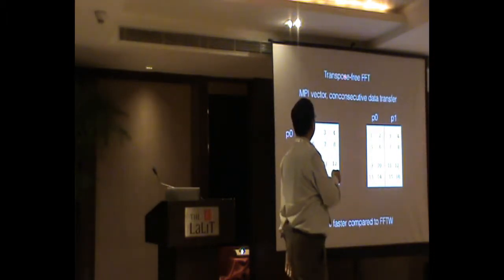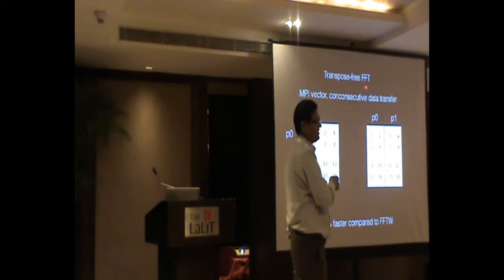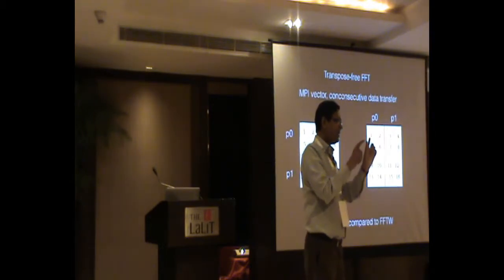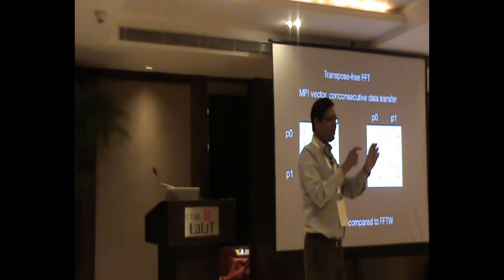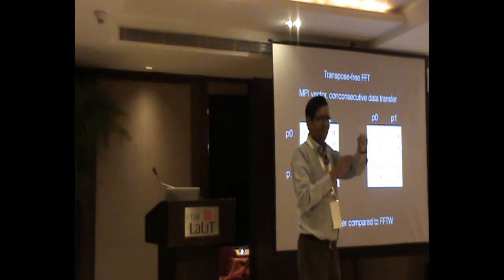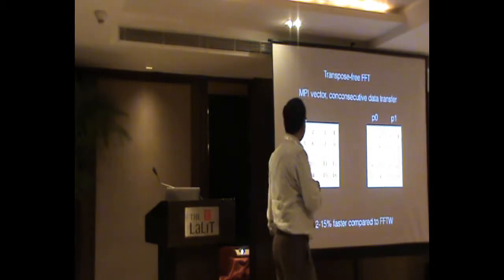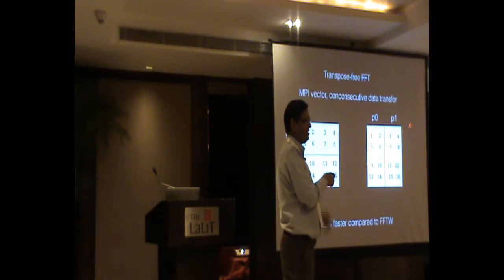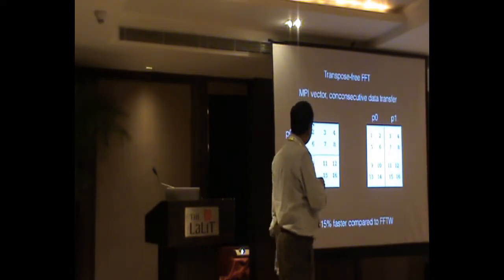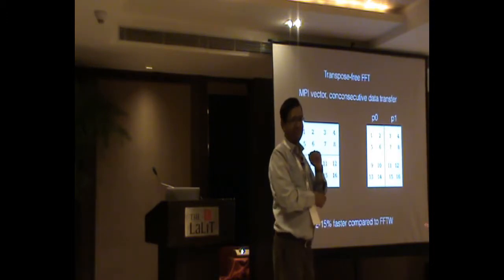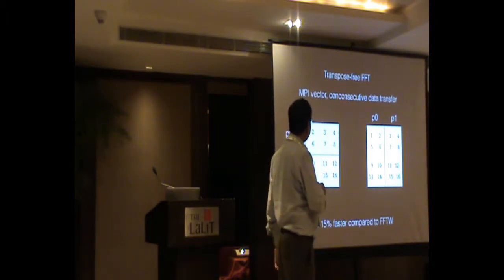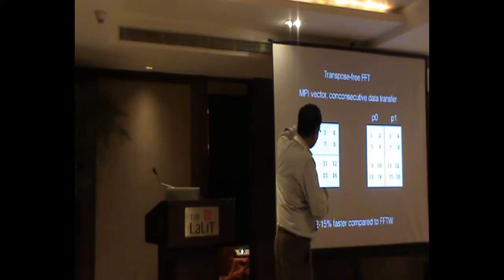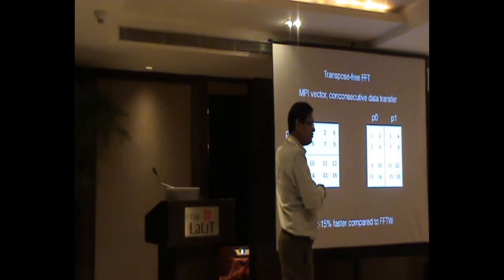So we did something called transpose free. One thing is that the matrix transpose takes more time. I will not go into details, but we can use something called MPI vector and consecutive data transfer in MPI, and it turns out that it saves around 10% time. If I did transpose, then I have to do this transpose, transfer, then transpose again.